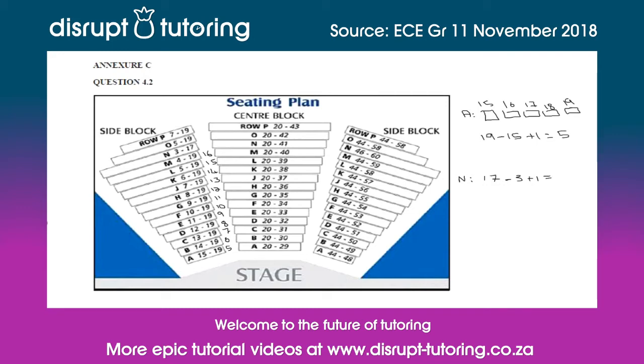So 17 minus 3 is 14, plus 1 is 15. So for N it's 15. And then for O, it's from 5 to 19, which we've already done for L, so it's also 15 seats. And then for row P, it's the same as J, from 7 to 19, which we said was 13, so that's going to be 13.